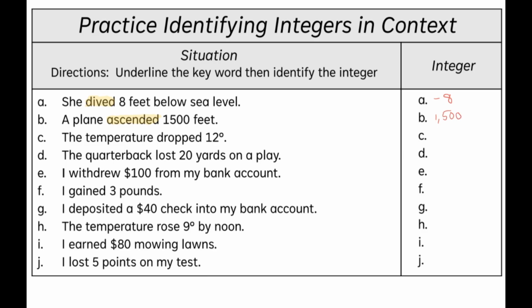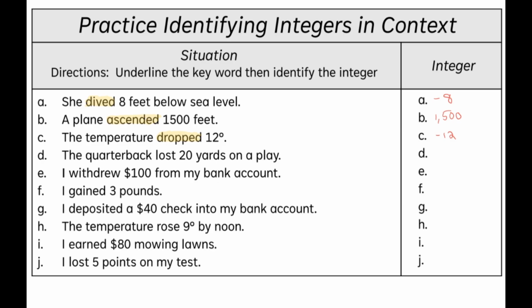Now let's look at letter C. It says the temperature dropped 12 degrees. Dropped is your keyword, meaning this will be a negative. It will be a -12 because it dropped 12 degrees.